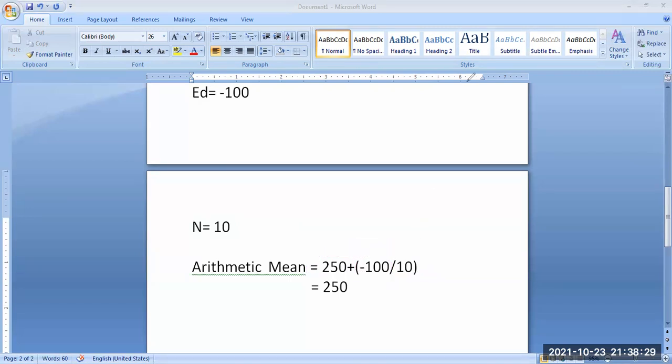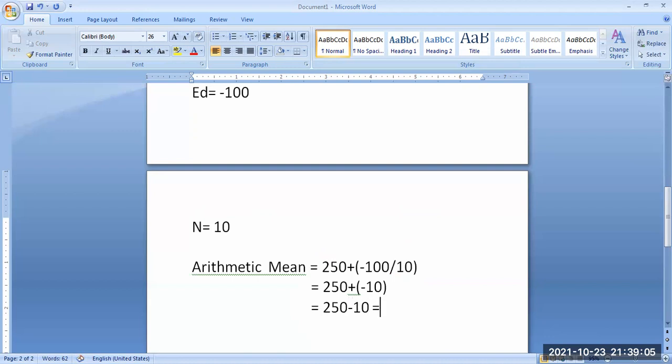So minus 100 by 10, in a bracket, means minus 10. 100 by 10 is 10, but the value is minus, so we have to keep minus 10. Next, it is equal to 250 plus into minus 10; plus into minus is minus, so minus 10.